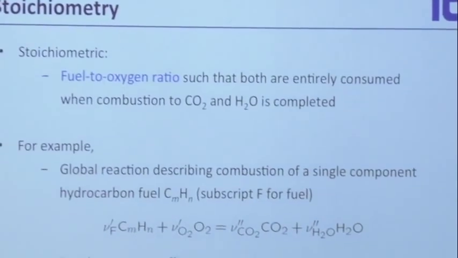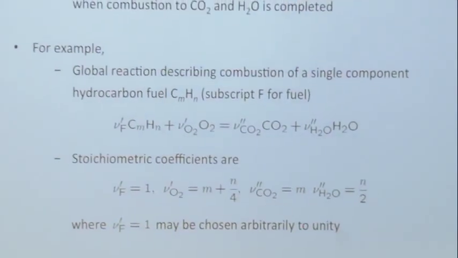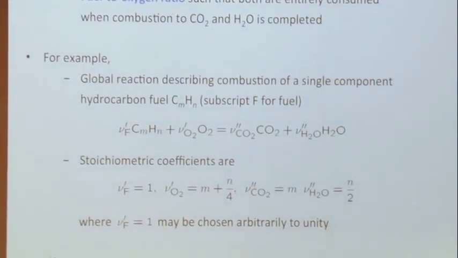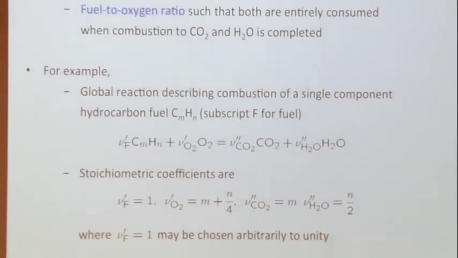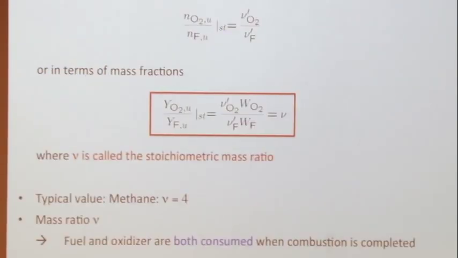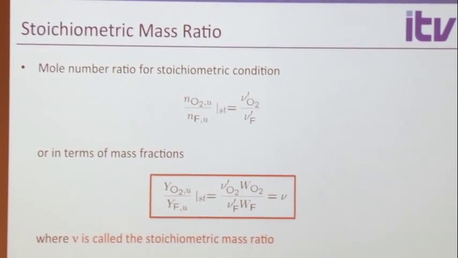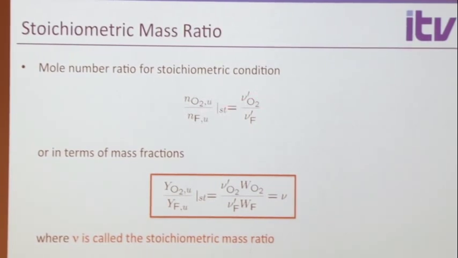Global reaction here, for example, I wrote you here the methane global reaction. If you have 1 mole of methane plus 2 moles of oxygen, that would be stoichiometric. So the mole number ratio for the stoichiometric condition here is N O2 divided by N fuel, or nu O2 divided by nu fuel.